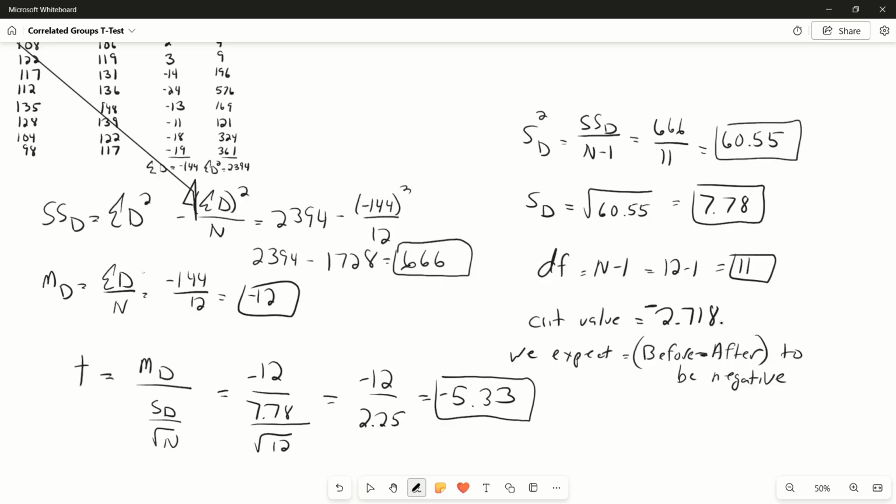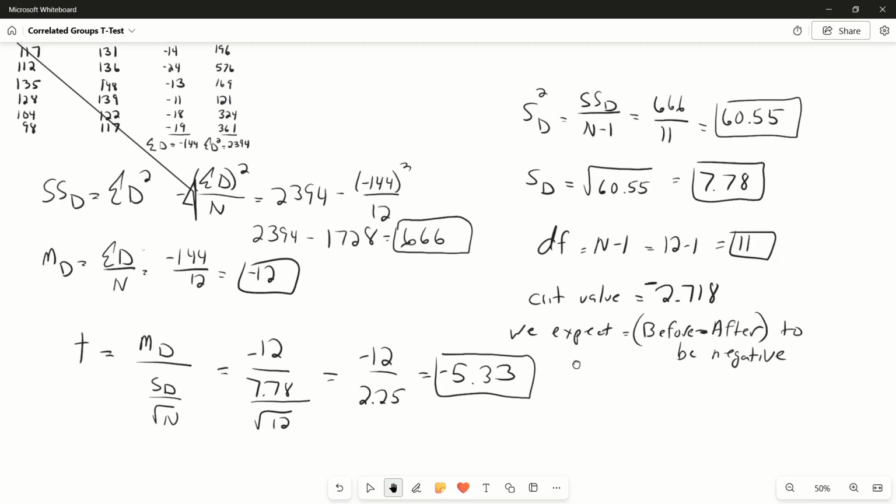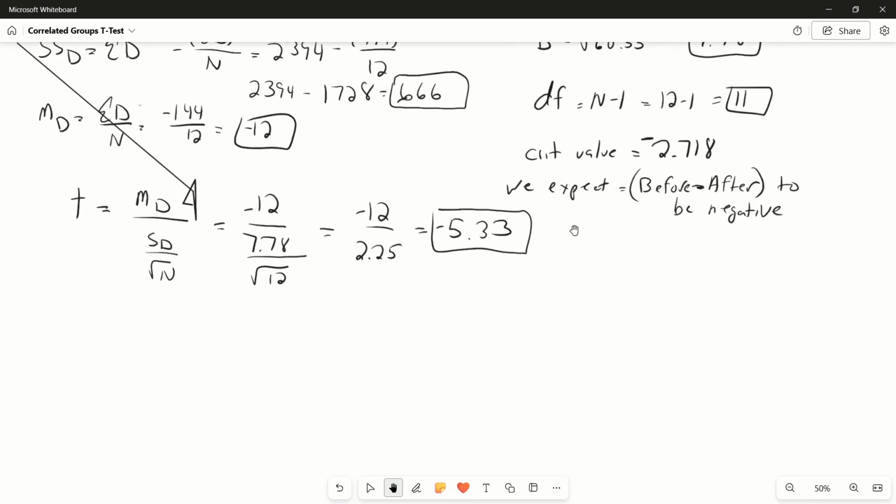So it's negative 2.718, and we're going to look at the negative tail. So it's always basically what you expect to happen under the alternative hypothesis, and that determines what the critical value is going to be. So let's look at that curve.